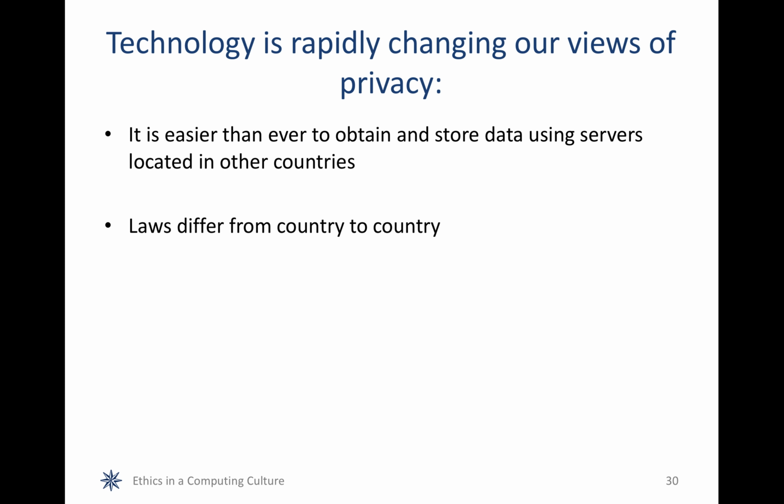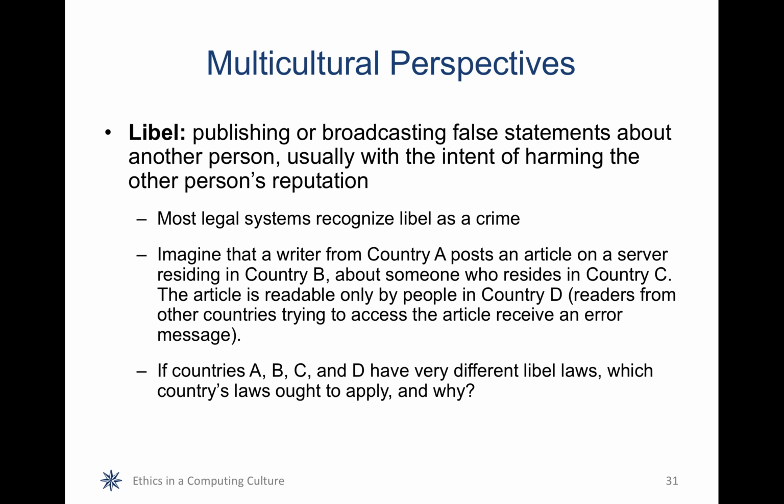So suppose a writer from country A posts an article on a server in country B about someone who resides in country C. But then that article is readable only by people in country D. If they all have different laws, then which laws ought to apply and why? These kinds of questions did not come up very often until technology made it possible for us to store information on servers in these different countries so easily.